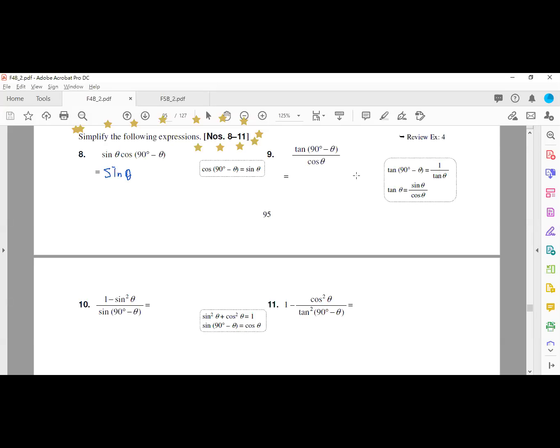And then cosine 90 degrees minus theta becomes sin theta times sin theta. This is identity 4. And then sin theta times sin theta is equal to sin square theta.